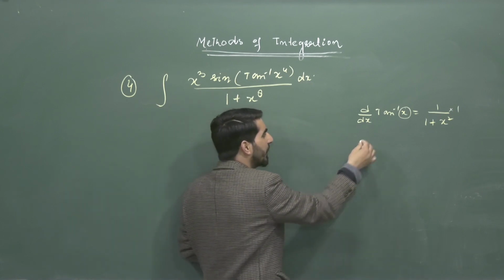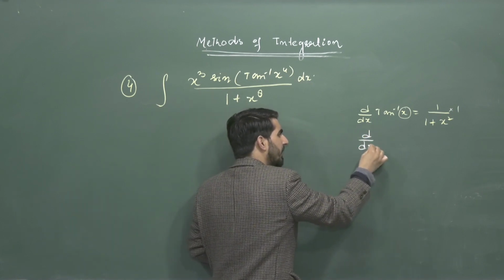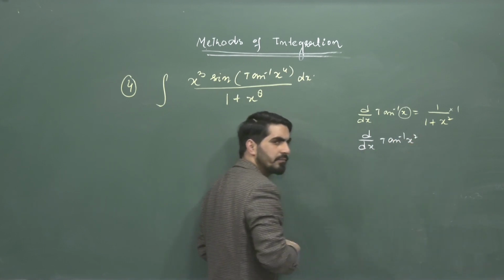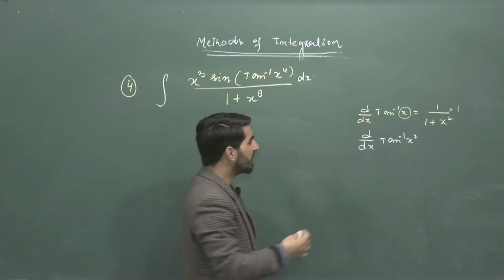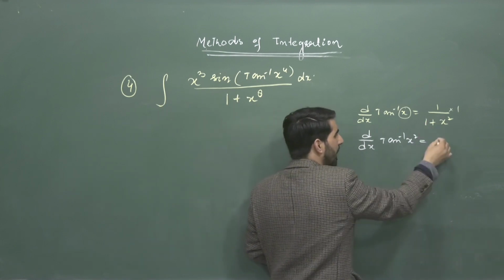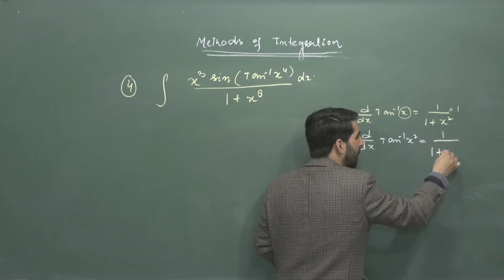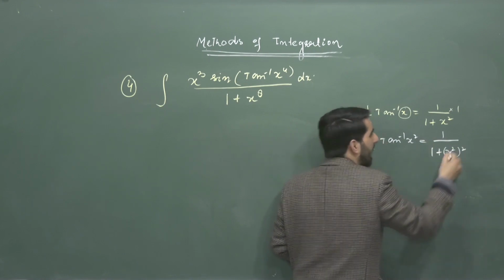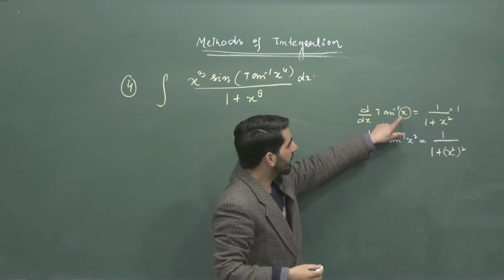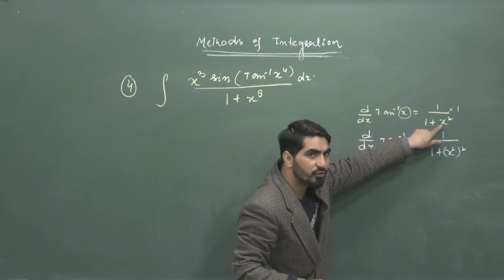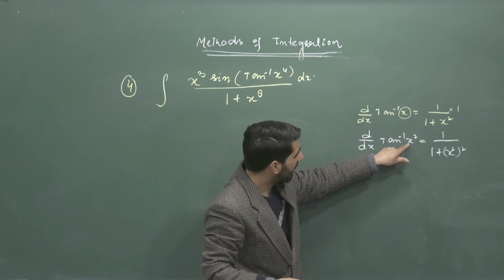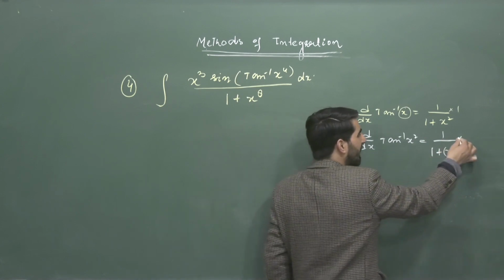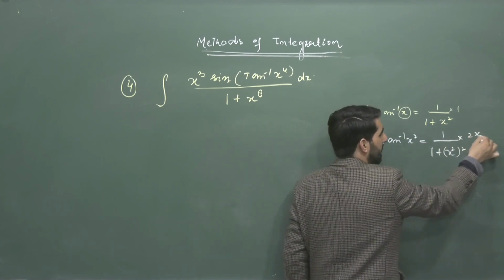Now if we have to differentiate tan inverse of x square, its differentiation will be the same, 1 divided by 1 plus theta square. Here theta is x square, so we write x square whole square. Internal differentiation of x square is 2x.